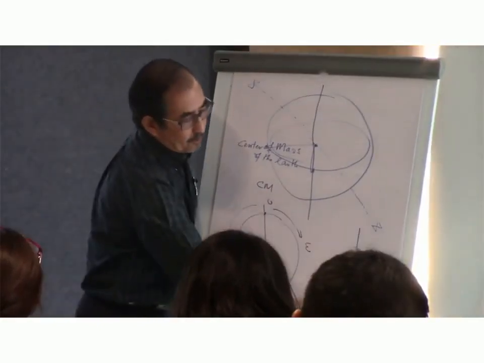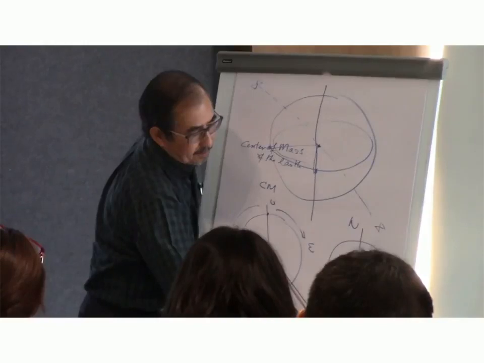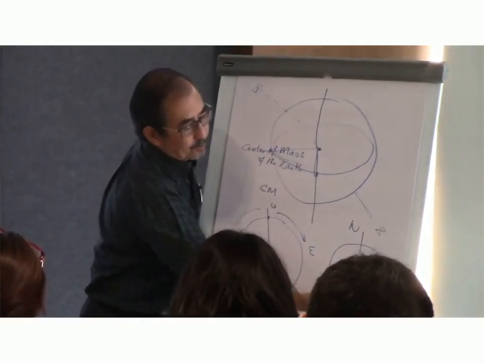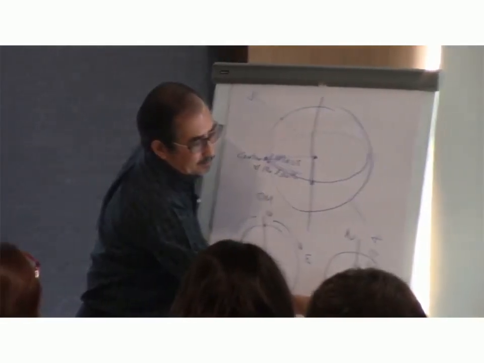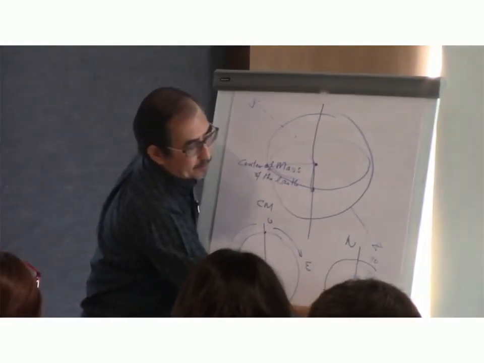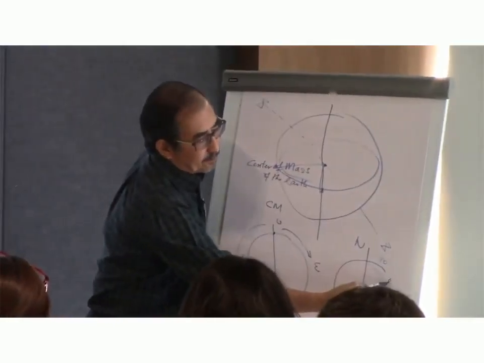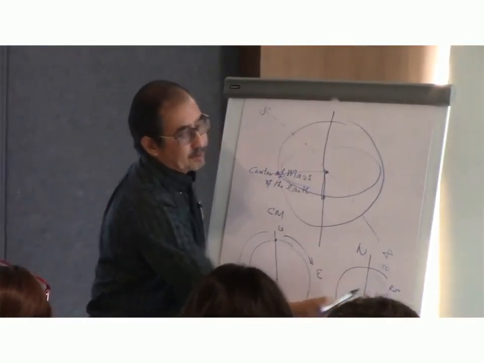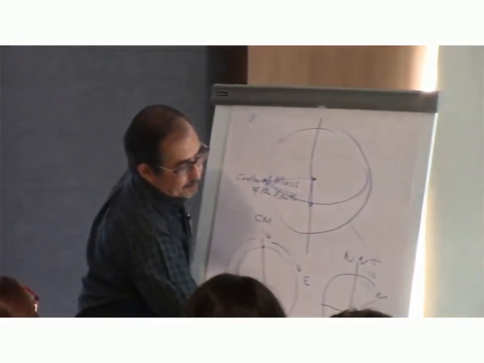And if this is the north and south, the latitude goes from 0 to 90, all the way up. So this is the latitude, 45 degrees. 0 to 90 degrees north, 0 to 90 degrees south.